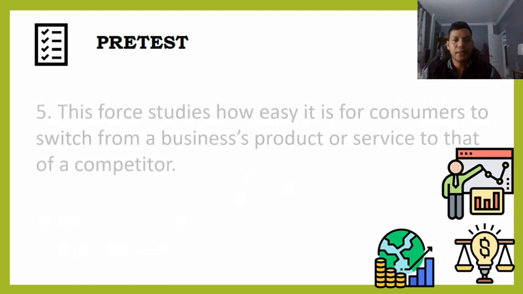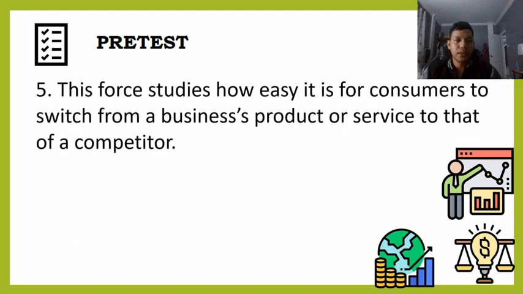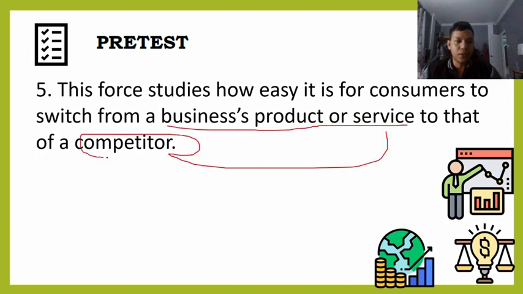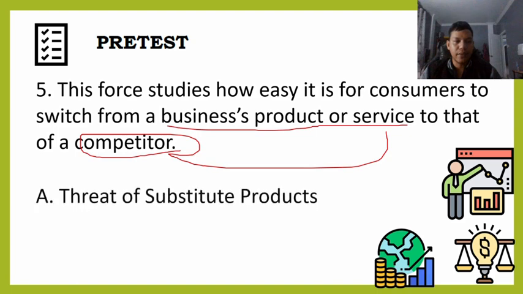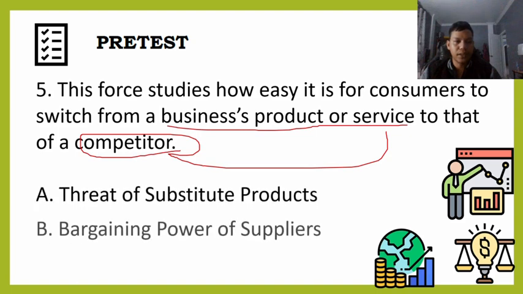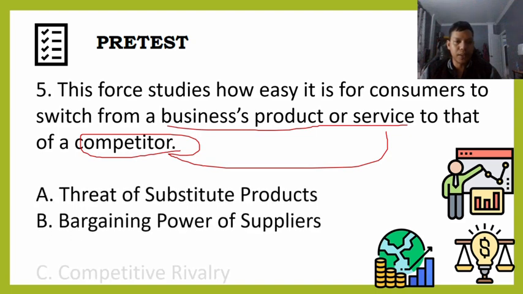And last, number 5. This force studies how easy it is for consumers to switch from a business product or service to a competitor. A. Threat of substitute products. B. Bargaining power of suppliers.